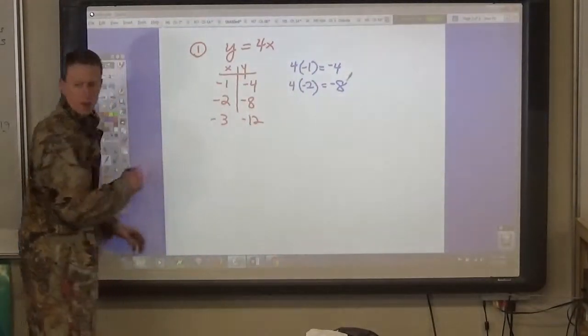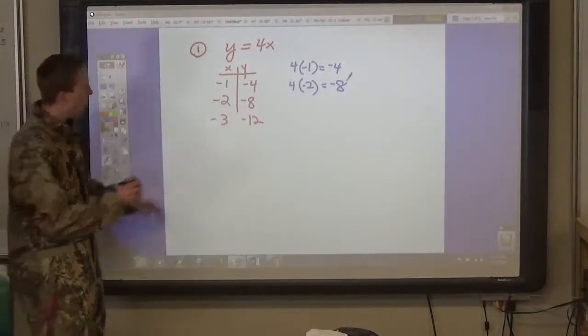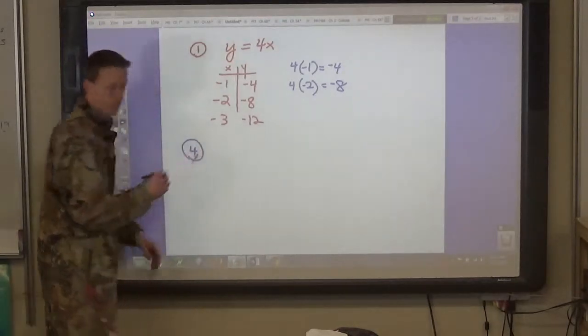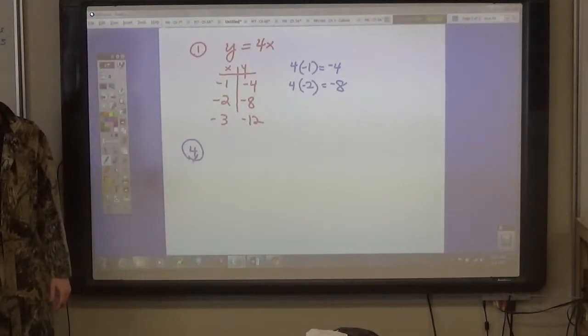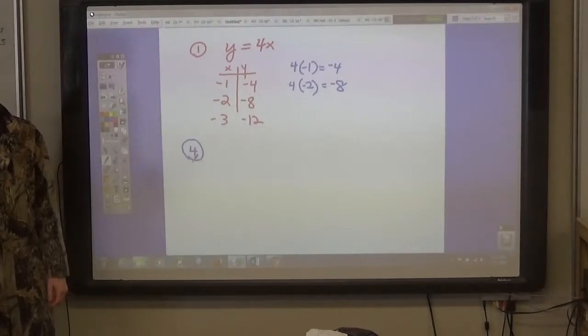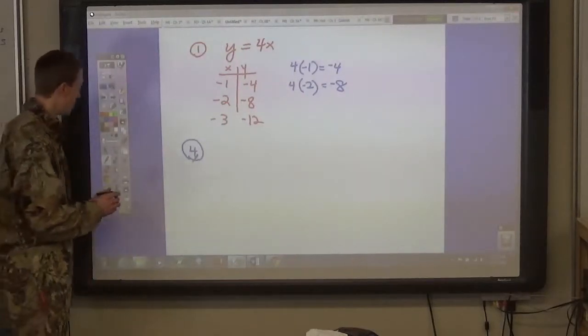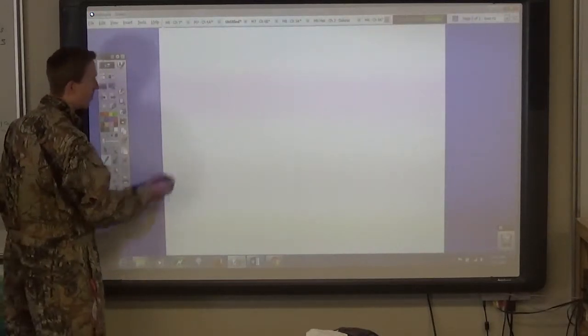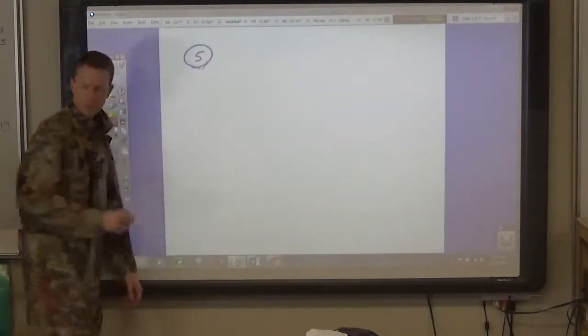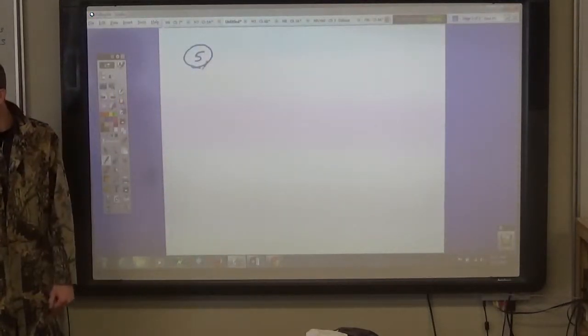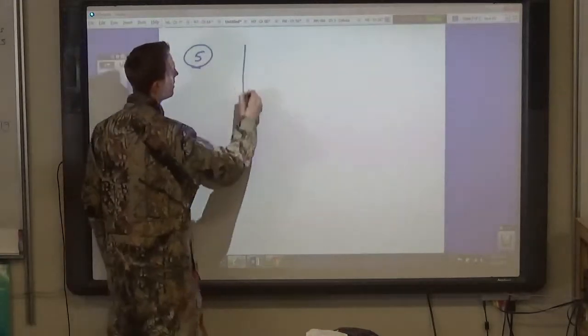Number 2, or no, let's skip down to number 4. Now you're given a set of values. Oh wait, no, we just did that one in your notes. Let's do number 5. Because odd numbers. Okay. So they give us x and y.